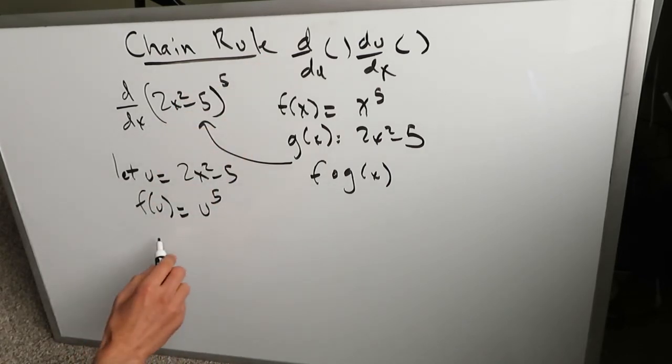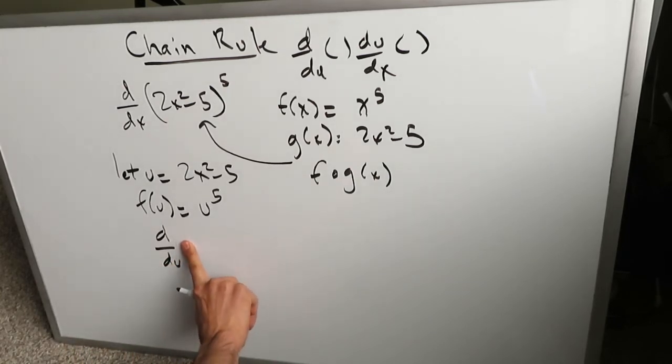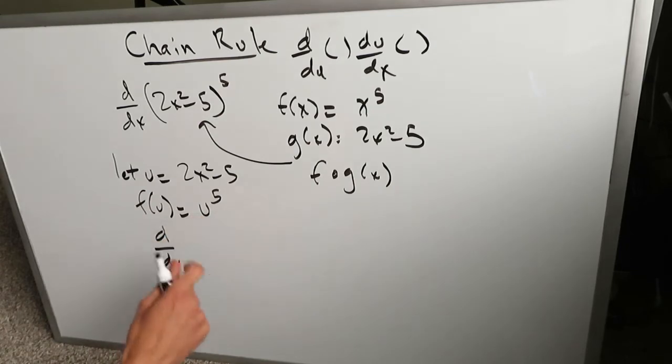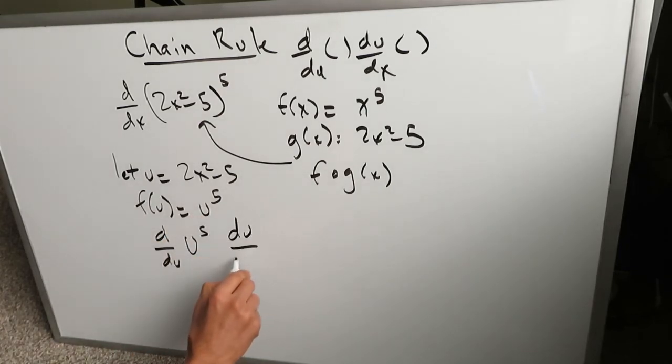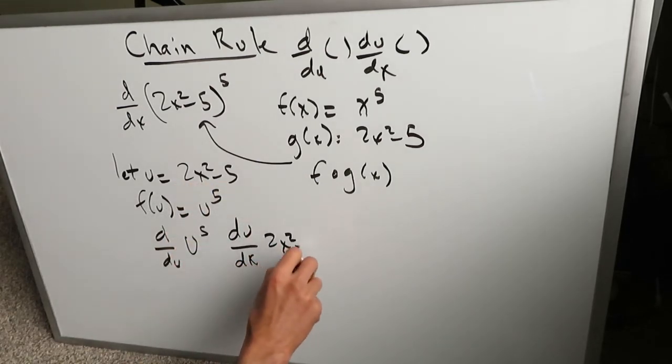Now you actually do your derivative part, d over du, the derivative with respect to u, I should not be putting an equal sign over here, the derivative with respect to u, and then the derivative with respect to the x component, 2x squared minus 5.